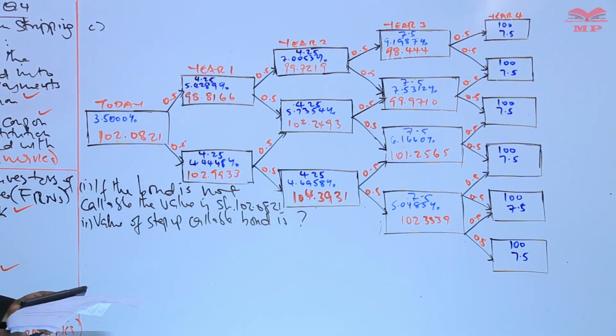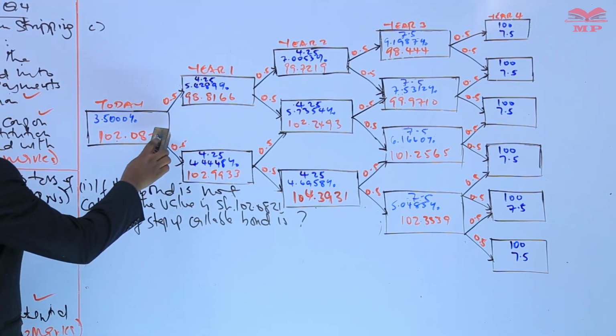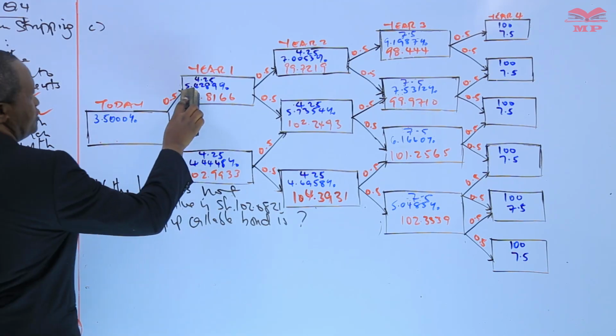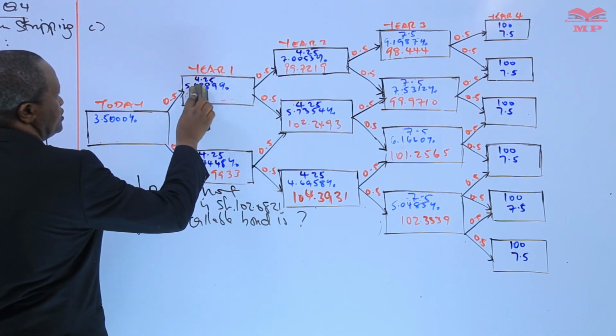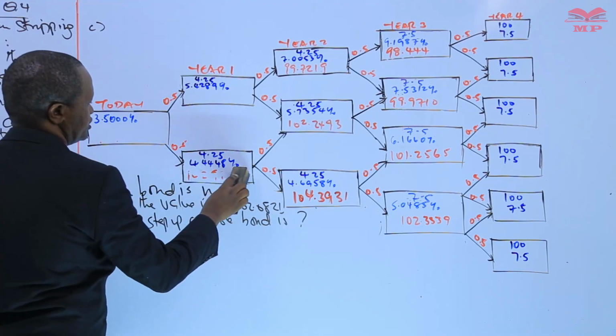I'm going to use the same tree, but I will do away with these values. We are going to have new values.